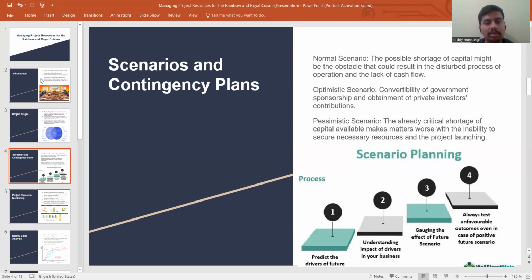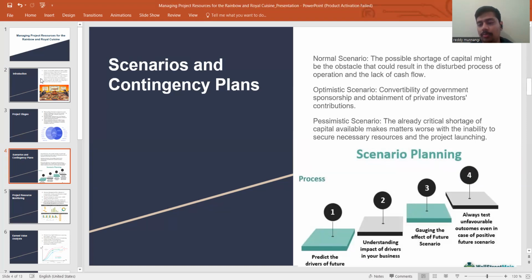here we can see the different kinds of scenarios in budgeting. For example, I did three different scenarios in my cost estimation. Creating a reasonable cost estimation is the initial phase. Then we need to create optimistic and pessimistic estimations as well.